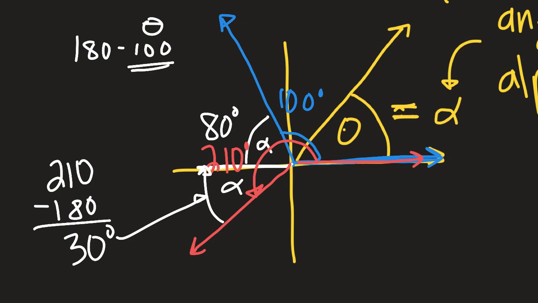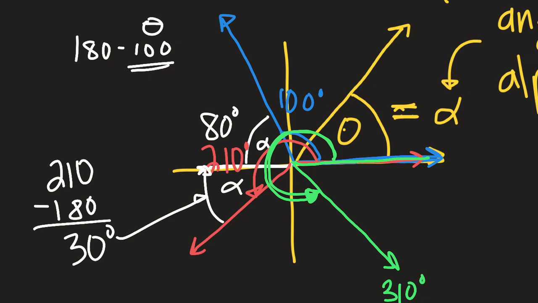So the reference angle is what it takes to get back to the x-axis in the shortest distance possible. Your reference angle should always be less than or equal to 90 degrees. It's always going to be an acute angle. Maybe we have a fourth-quadrant angle right over here somewhere. Let's say this is 310 degrees. We start at the positive x-axis and go all the way around 310 degrees.